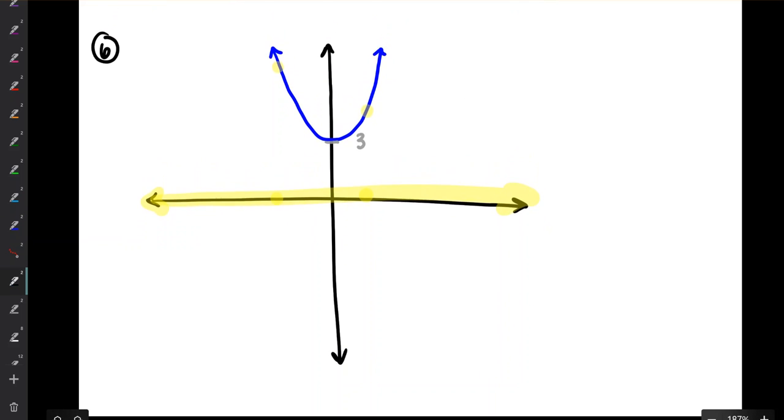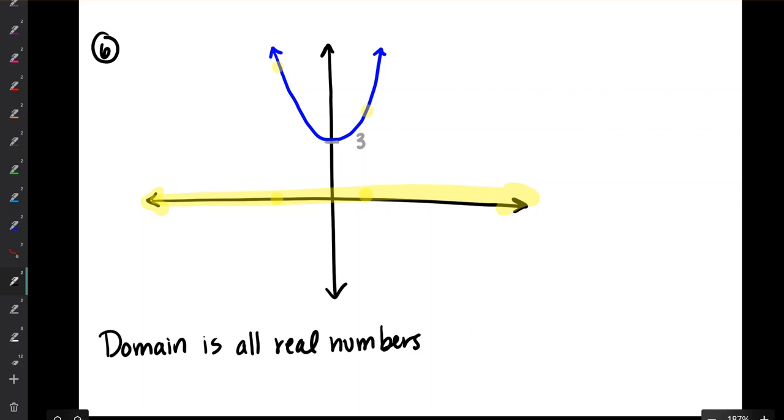My domain is all real numbers. And in your interval notation, that's minus infinity to infinity, right? You can see it right there.